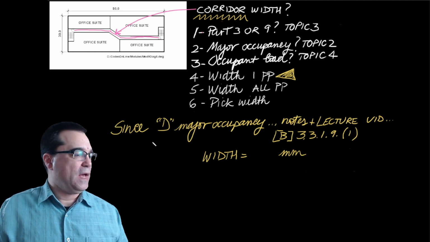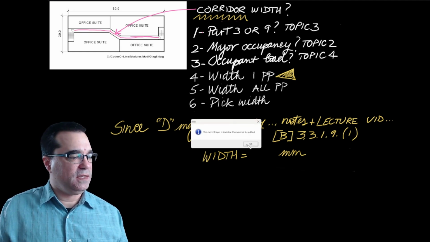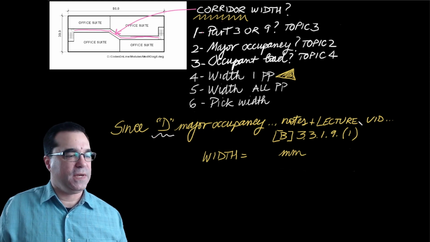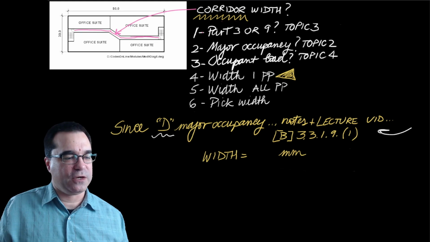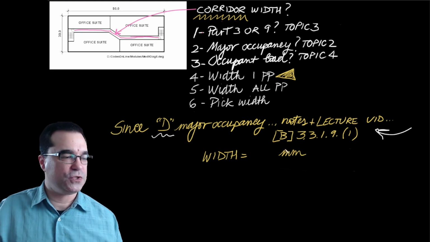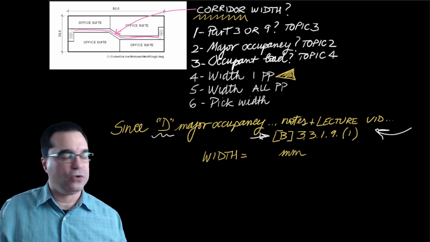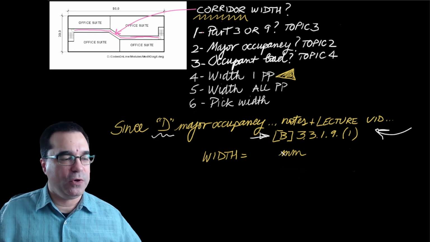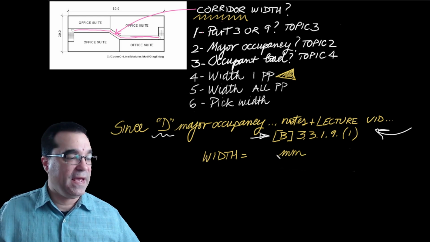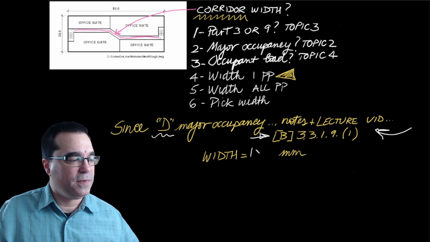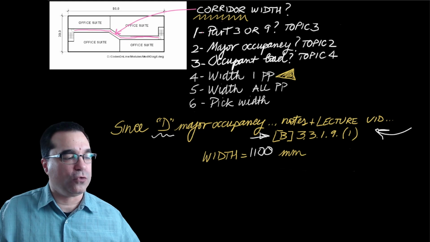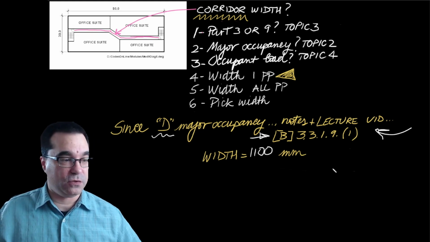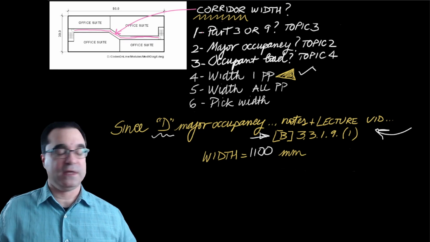Okay, so because I know it's a D major occupancy, and from the information that I got from the video lecture and the course notes, I know I want to go and look up the information under Division B, Sentence 3.3.1.91. And what that says is that the minimum width for a corridor for one person to get through safely is 1,100 millimeters. So look at that. We've now done step 4.